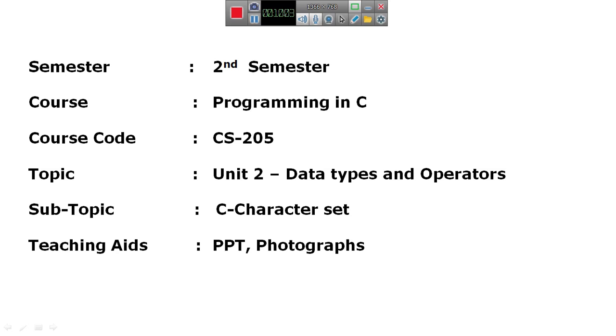Compiler is one of the language translators.